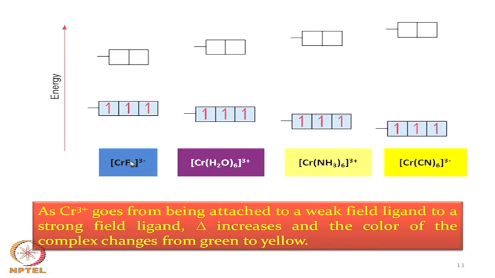But if we compare with the corresponding color wheel, we will find that when the solution color is green, we have less splitting. When the solution color is yellow, a lighter color, we get the complementary color, but the absorption is in the higher energy, lower wavelength range.